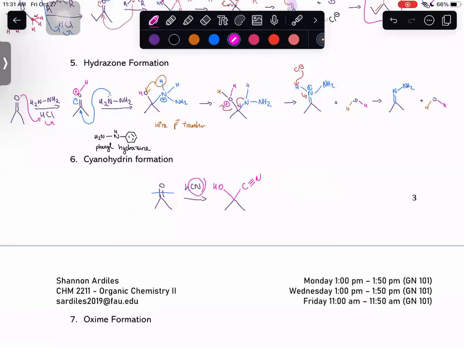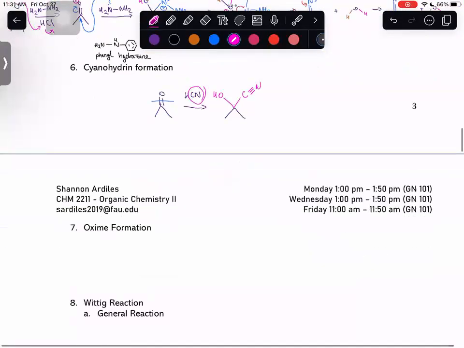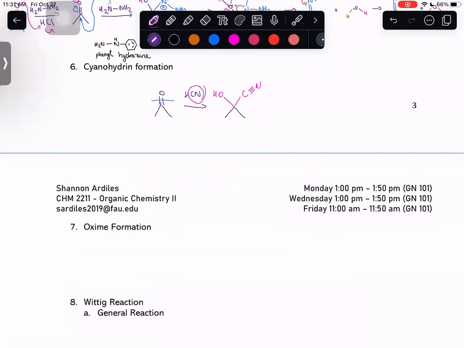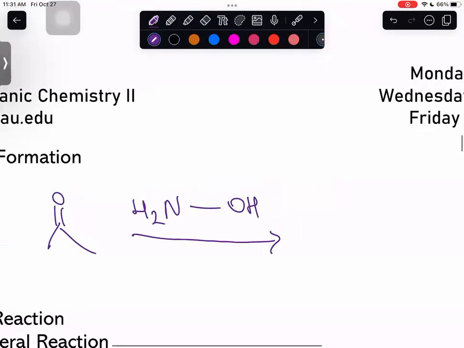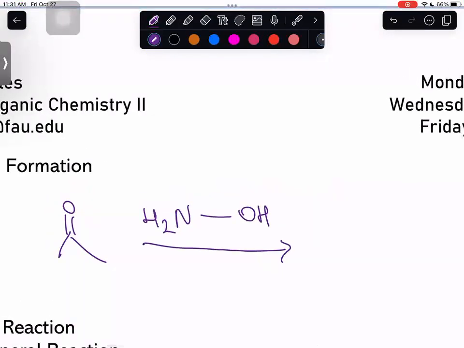Okay, ready for the oxime? Let me start drawing this guy in here. And actually, before I show you the shortcut, we have that specific reagent. Do we know the name for that one? That's the oxime formation, yes.